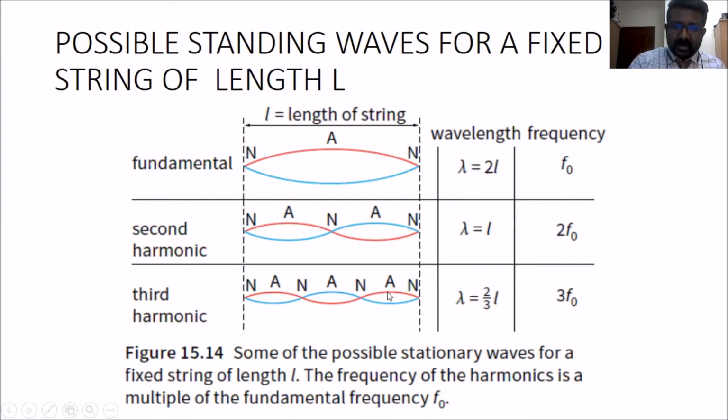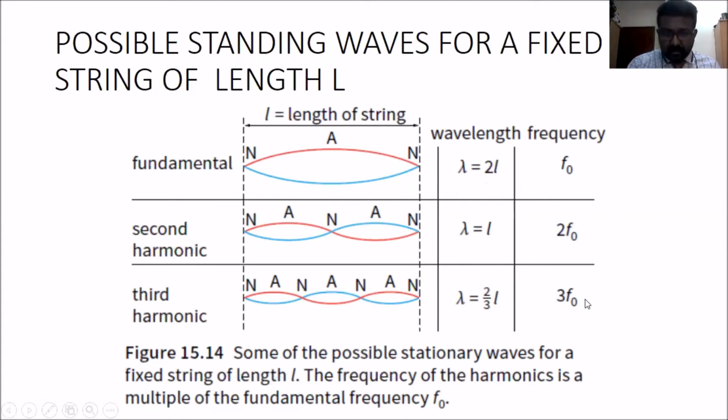And in the case of standing waves for a fixed string of length L, the frequency of the harmonics is a multiple of the fundamental frequency f naught. Therefore the second harmonic will be 2 times the fundamental frequency, 2 f naught. And the third harmonic is equal to 3 times f naught.